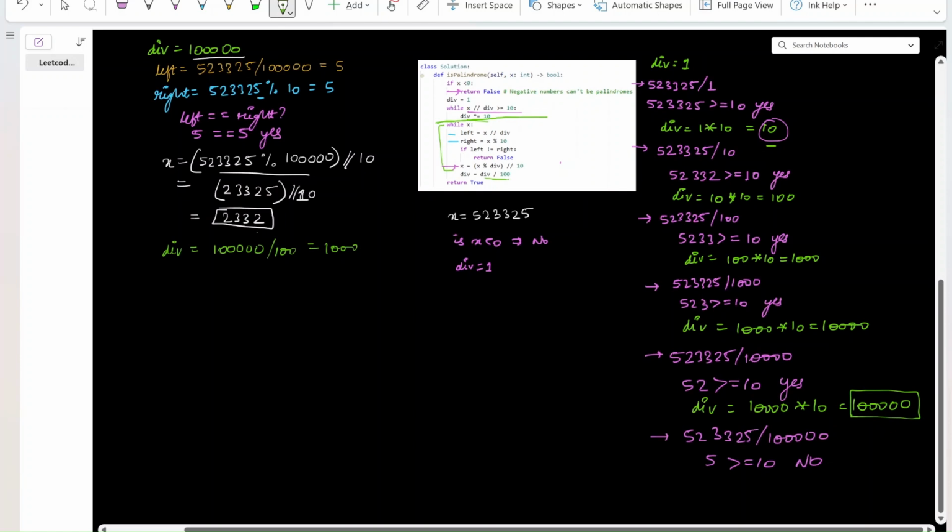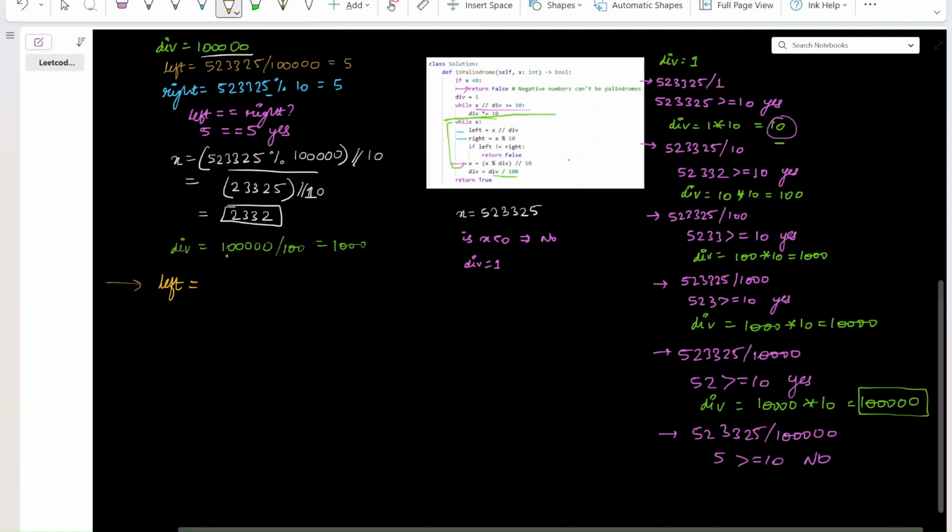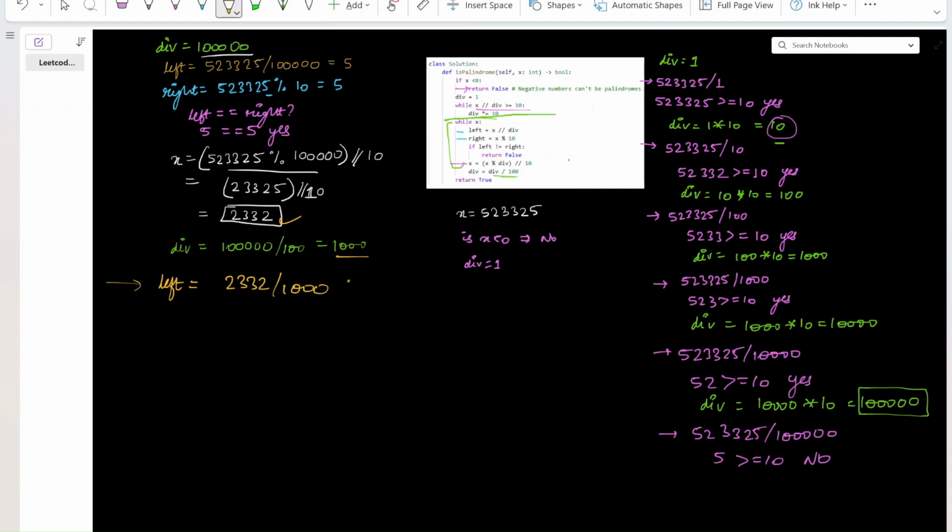Now again I'm going to repeat the while loop. In the second iteration, left is x and our current x is 2332. So 2332 divide by div, and our current div is 1000. So we get 2, and this is exactly what we wanted. Then we update right.